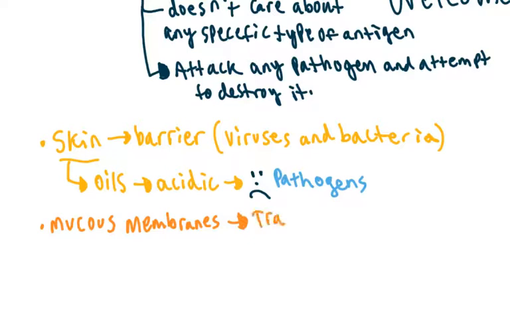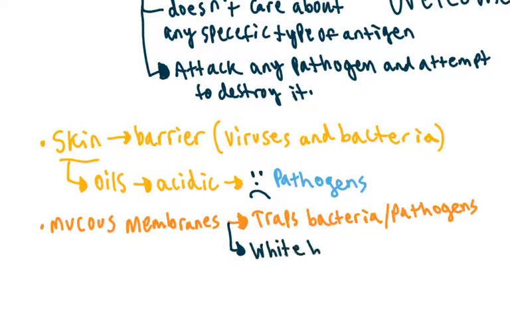They can also contain some white blood cells that can help try to destroy any type of pathogen before it enters the tissue or blood. All right. So that's the mucous membranes.